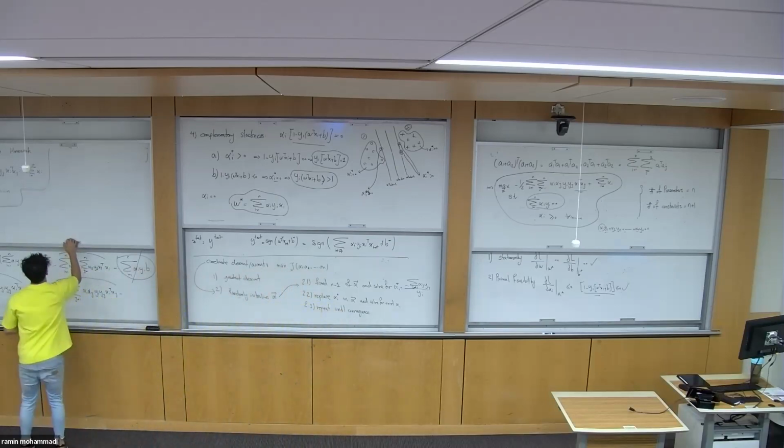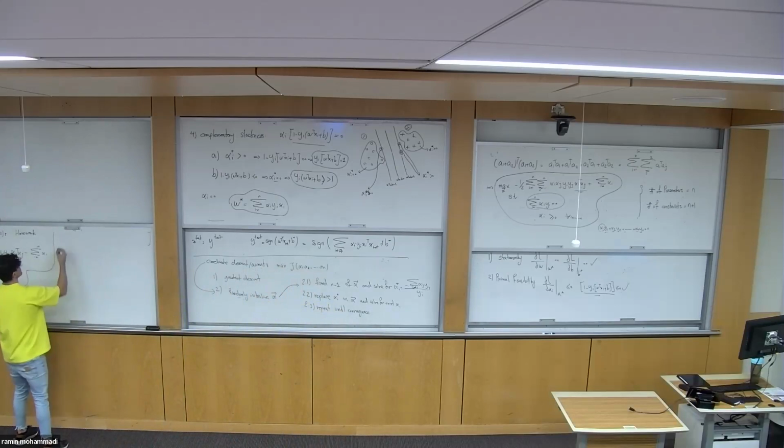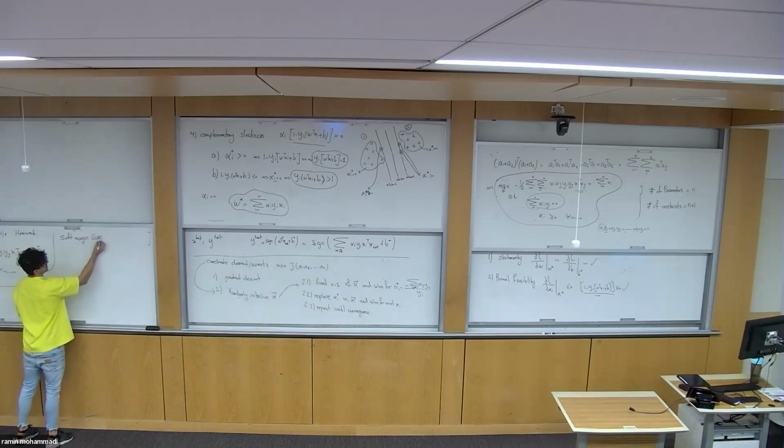But the next thing we are going to talk about is called soft margin SVM. This is the second type of SVM that we are going to learn.